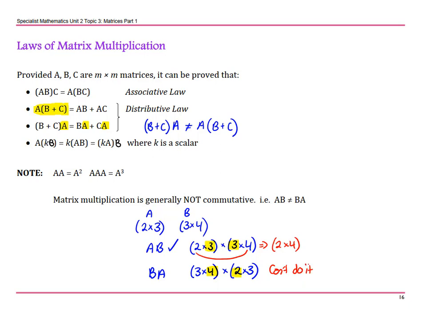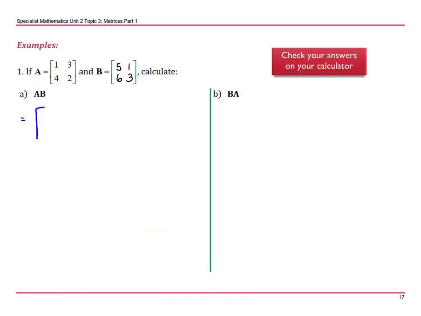The next example will also show you about AB not equaling BA, and not just because they're not conformable. Okay, A times B: 1, 3, 4, 2, times B: 5, 1, 6, 3. You're going across the row, down the column.